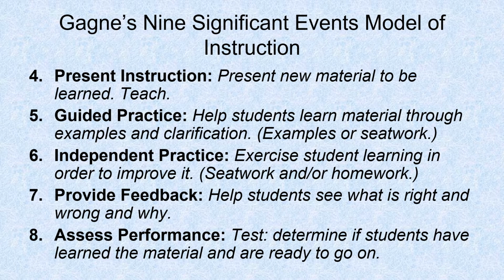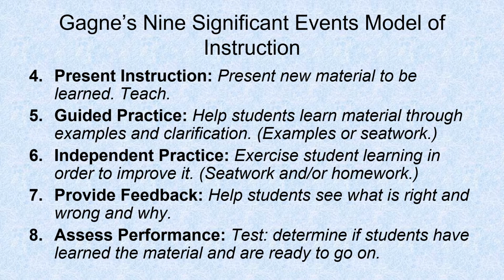Step 6 is independent practice. For independent practice, this is something where students are going to, like as the teacher, you step back a little bit more, and you're not directly helping the students now. So when you look at it, present instruction, it's you delivering the content. Step 5, you are helping the students.